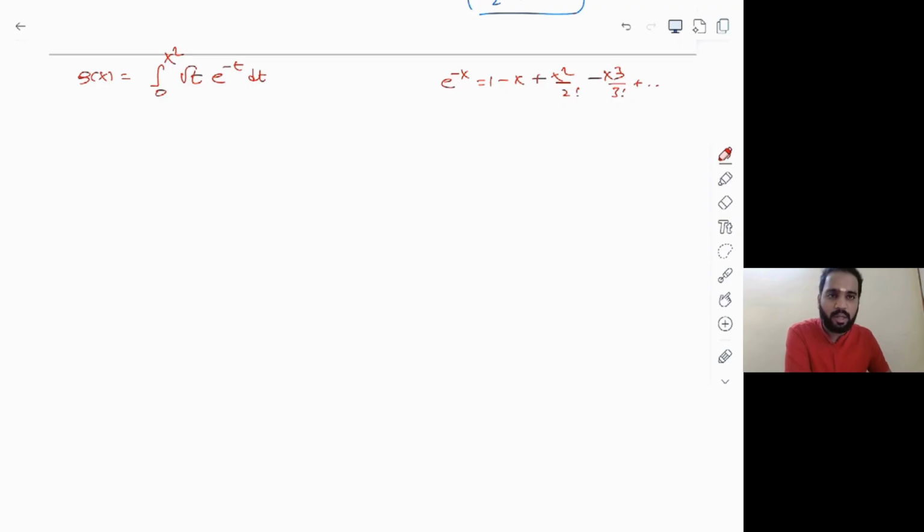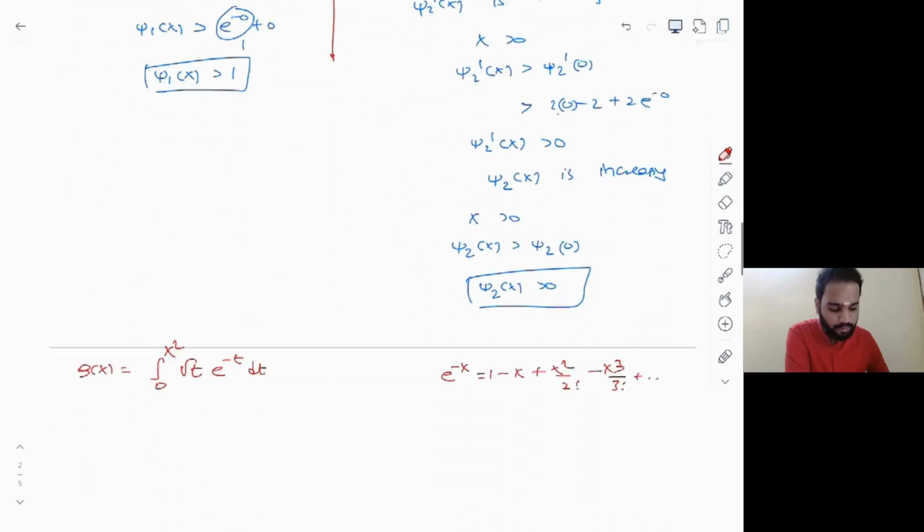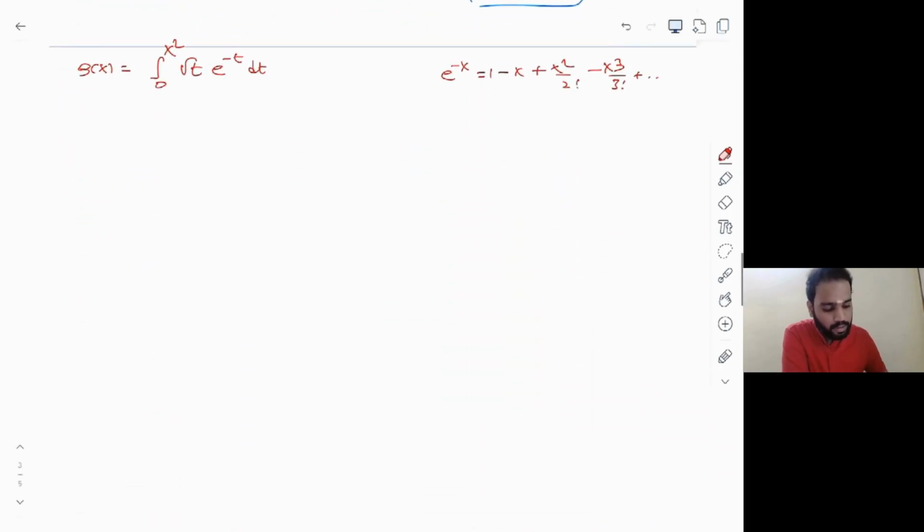So why do we need the expansion? Because if you look at the options, clearly the right hand side parts are looking like some expansion terms, right? So that's where you have to get the idea from. So here I'll take two cases.